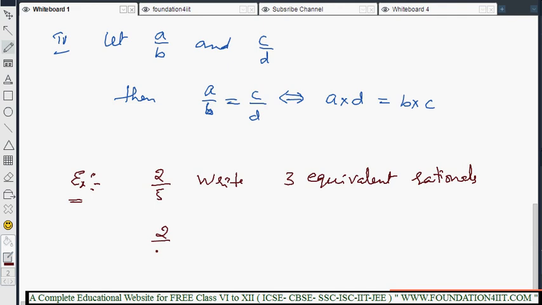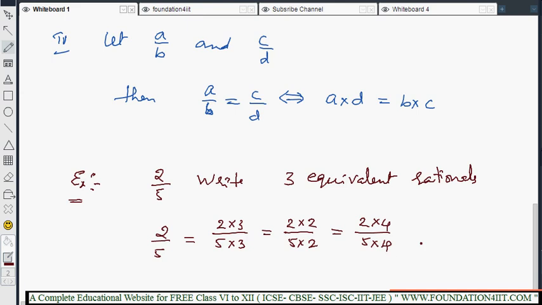Now take 2 by 5. According to the first property we can multiply the numerator and denominator by any number. 2 by 5 into 3 into 3. The same number should be multiplied for numerator as well as denominator. Or 2 by 5 into 2 into 2. Or 2 by 5 into 4 into 4.